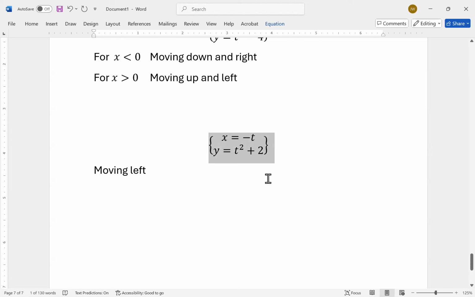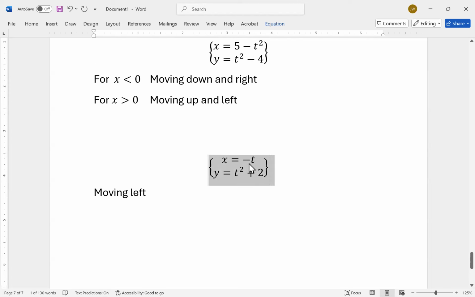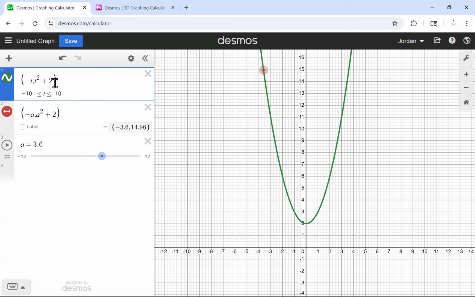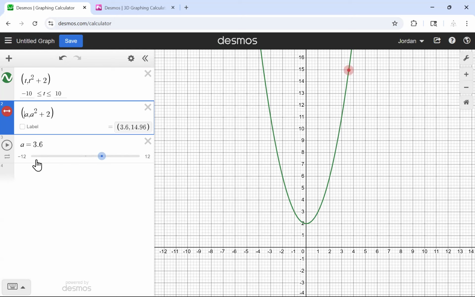And by the way, interestingly enough, if you just change this negative t to a positive t, you'd get the exact same parabola, but you'd be moving right. You'd have a right orientation. Changing that negative to a positive, we get the exact same parabola, but now as you increase your t value, you're moving right.